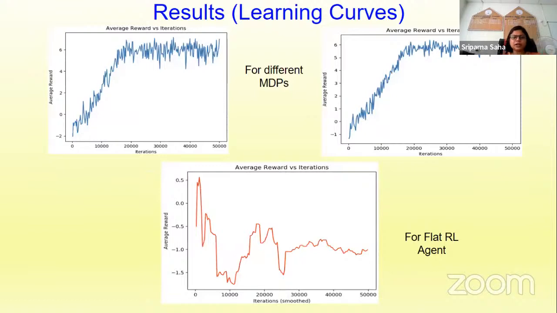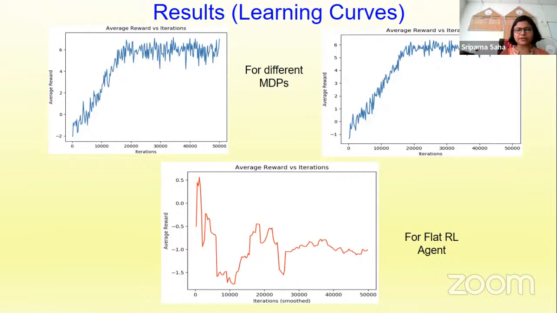You can see how the rewards vary for different Markov decision processes. These are the iterations versus the rewards for different MDPs. First consider flat RL, where there are no hierarchies. Here we are using two levels of hierarchy, a top level and a bottom level.